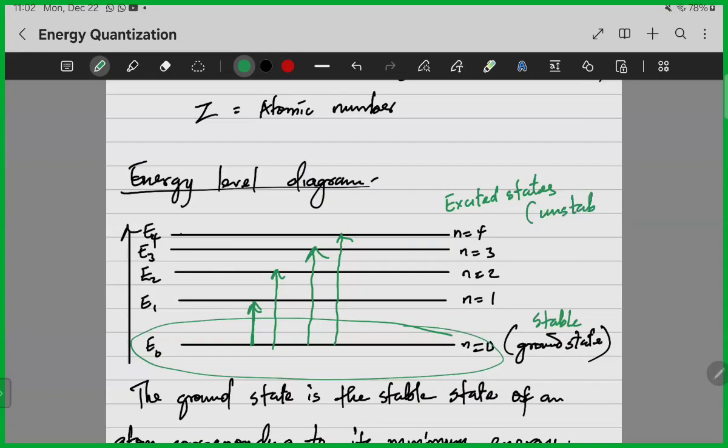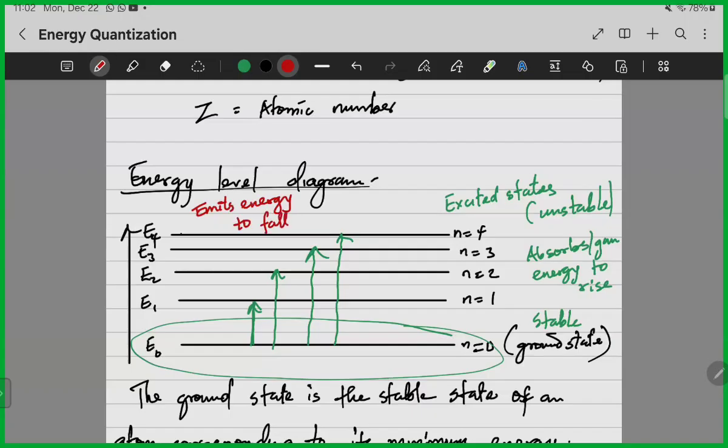If it is not in the ground state, every other place is unstable. It absorbs energy to rise, and it can emit energy to fall.